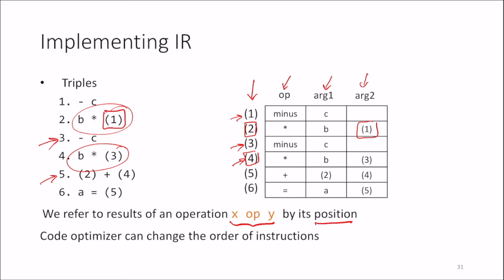Because if you reorder it, you just point these things to the right location, and you don't have to regenerate or redo any of the go-to statements or the location values and the names, etc. Having the location or the position of each operation makes it a lot easier to reorganize.